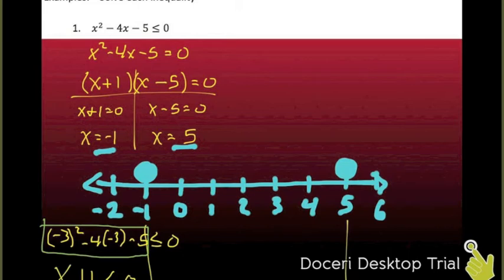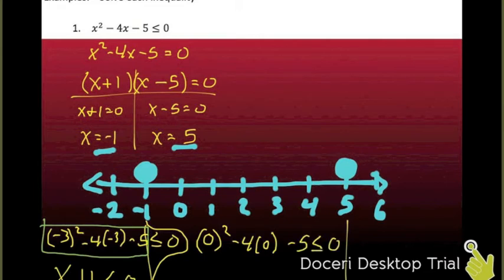Picking a number in the middle like 0. I'm going to change this here so we know. We have 0 squared minus 4 times 0 minus 5 is less than or equal to 0. Well, in this case, if you plug this whole thing into a calculator, it will give you negative 5 is less than or equal to 0, which is true.